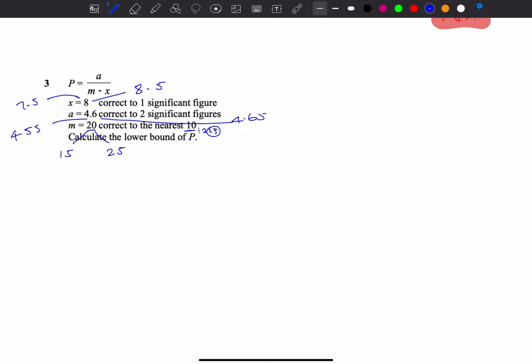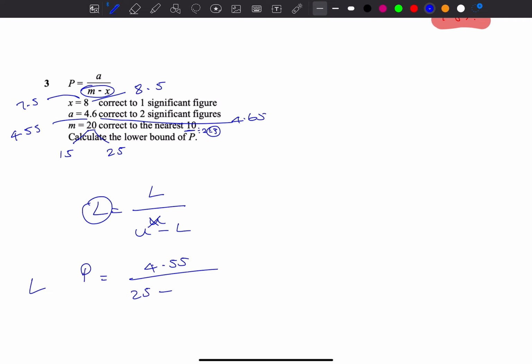Calculate the lower bound. How to do the lower bound? You always start with lower, divided by technically an upper, because you can't do a lower over a lower, since there are 2 things being taken away. So upper take away is always the opposite, lower. So the lower bound of p is the lower bound of a, 4.55, over m, where you want the upper bound of m, 25, take away the lower bound of x, 7.5.